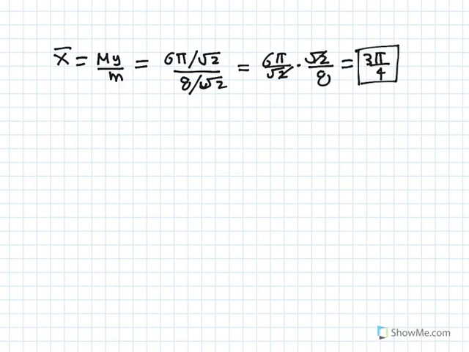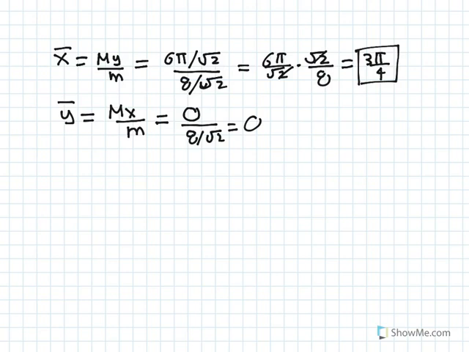What about y bar? Well, y bar is equal to the moment with respect to the x-axis divided by the mass. But the moment with respect to the x-axis we found to be 0. Divided by 8 over root 2 is equal to 0. So we found x bar, the x-coordinate of the center of mass of this region, is 3 pi over 4. Y bar, the y-coordinate of the center of mass, is 0.